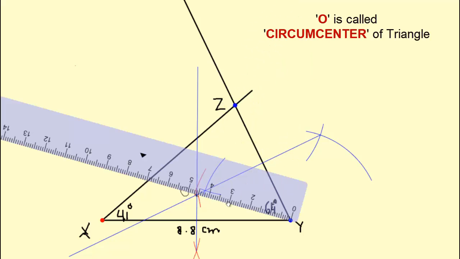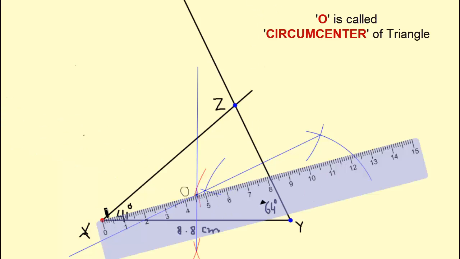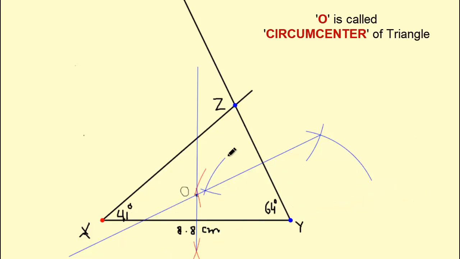And the distance from O to Y is also 4.6 centimeter. The distance from X to O is also 4.6 centimeter. Therefore, this O is equidistant from the three vertices of the triangle. If anybody is at this point, its distance from the three corners of the triangle will be equal.